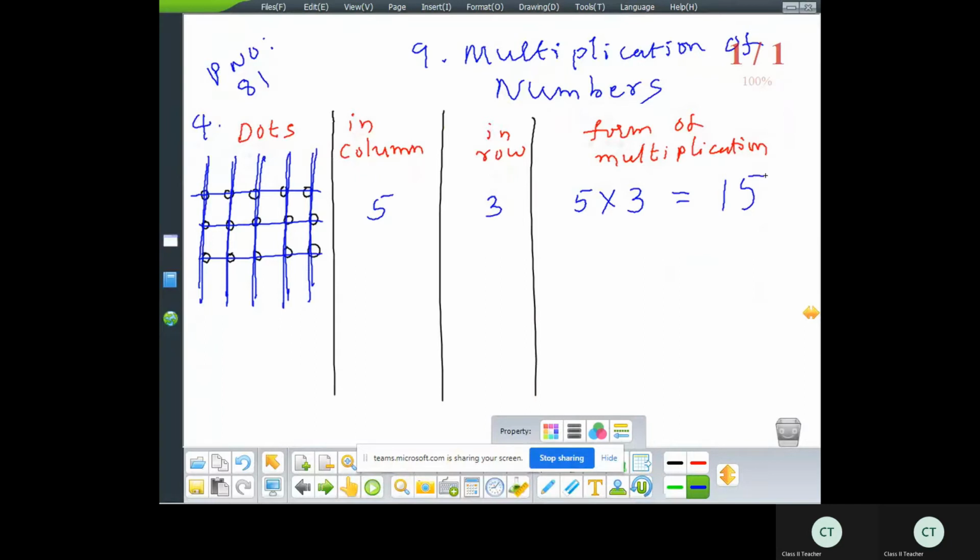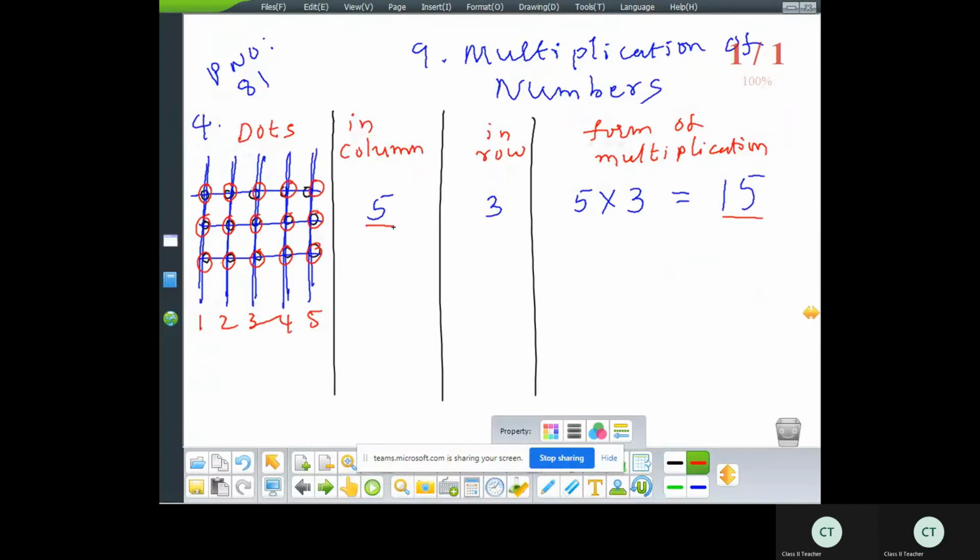See, count how many dots are there. 1, 2, 3, 4, 5, 6, 7, 8, 9, 10, 11, 12, 13, 14, 15. Yes, our answer is correct. 5 threes are 15. Okay, children, we are given dots. First you count columns. 1, 2, 3, 4, 5 columns.